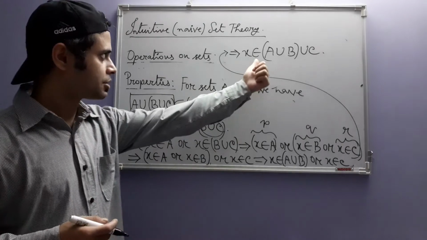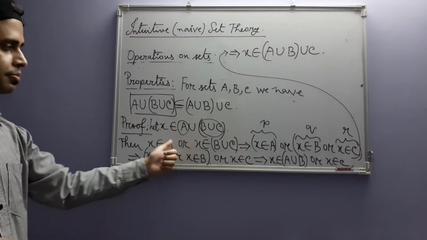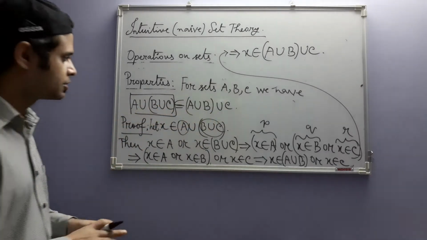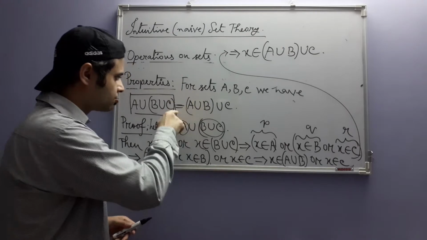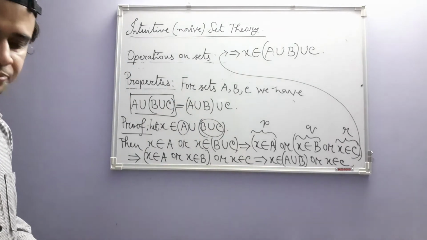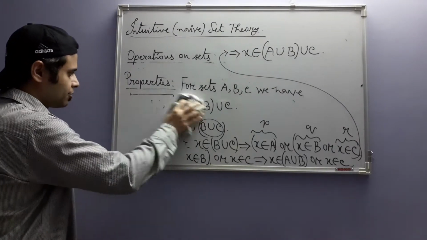Okay, you have to start from here and then you can come to this, proving that this is also a subset of this. From those two containments, it will follow that these two sets are equal, and that is associativity, the associative law.